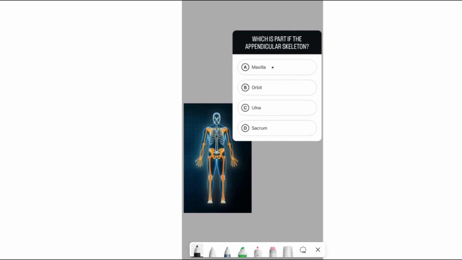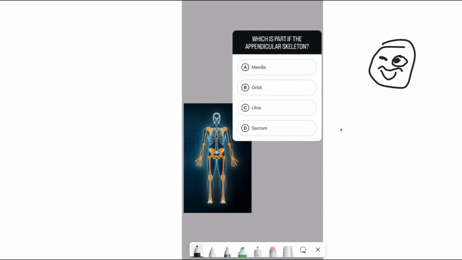Your maxilla is kind of the mustache bone, so if you have your face here, your maxilla is going to be about right here with the mustache. Your orbit is going to be your eye, that eye socket. The ulna is kind of running parallel to the radius.